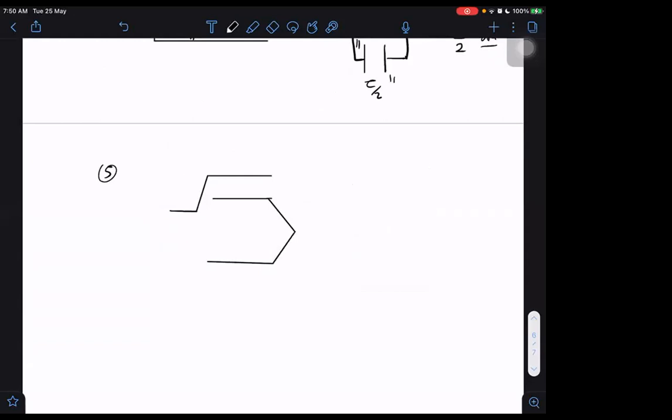Like this. And maybe this one I will connect this side.